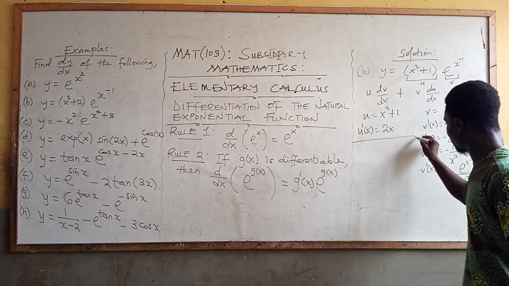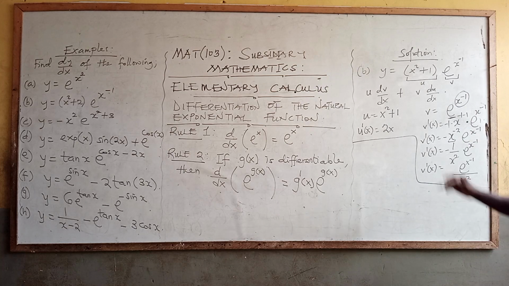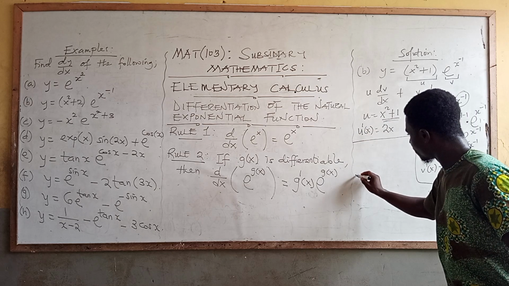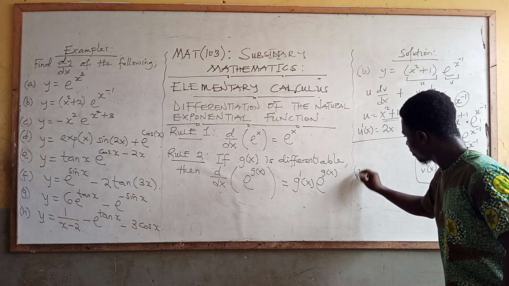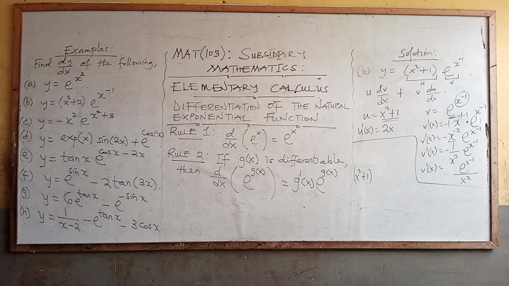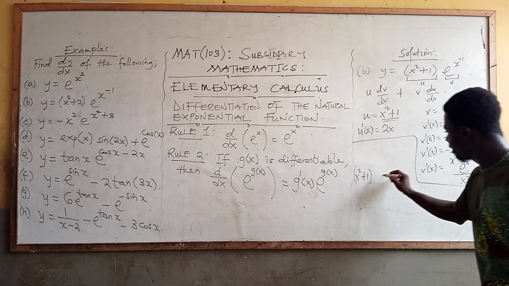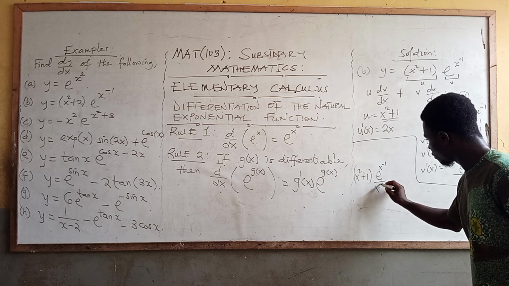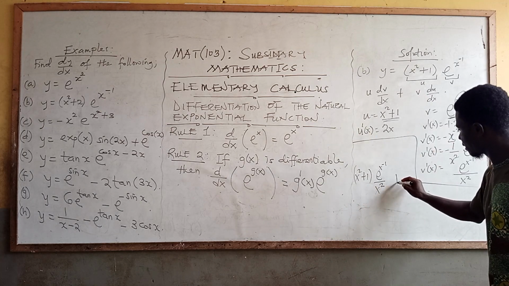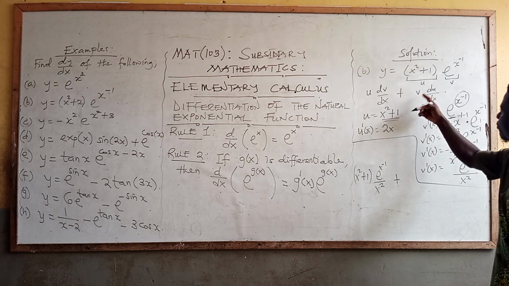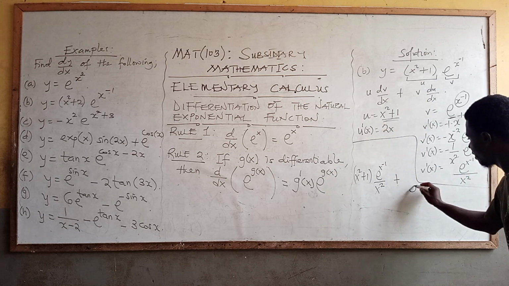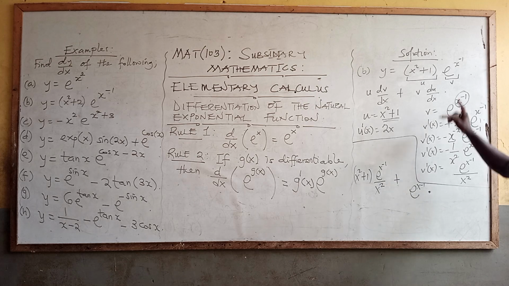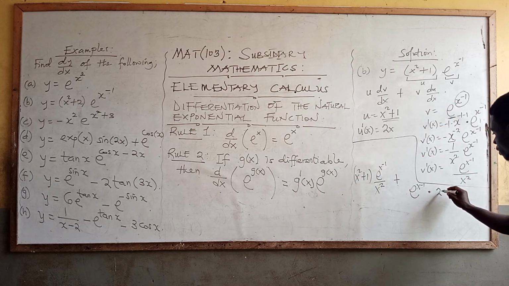So now we can apply our product rule. u is x squared plus 1, times v prime, which is e to the x to the power negative 1 over x squared, plus our v, which is e to the x to the power negative 1, times our du, which is 2x.